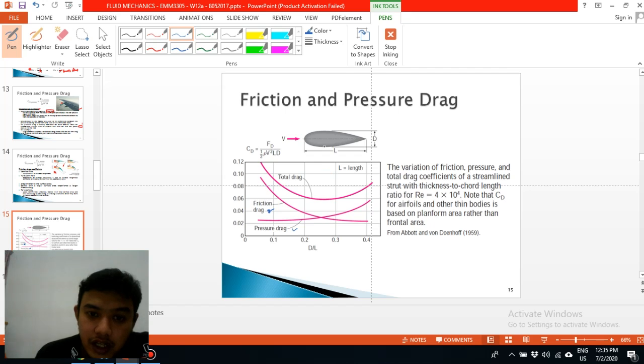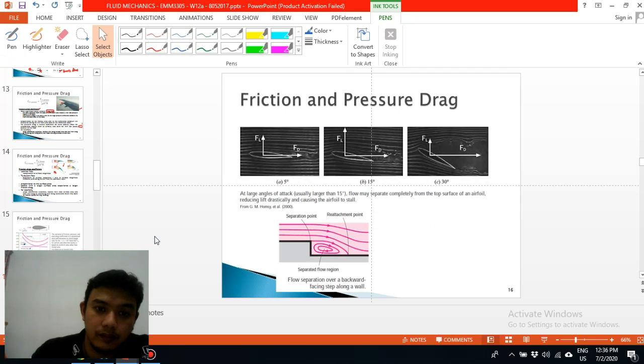Meanwhile, for friction, the higher ratio of D over L will reduce the friction drag, and the total drag is based on both of them together. That's why we cannot only look at the drag alone, but we also need to check the D over L in order to find which one is the best for friction drag and pressure drag.